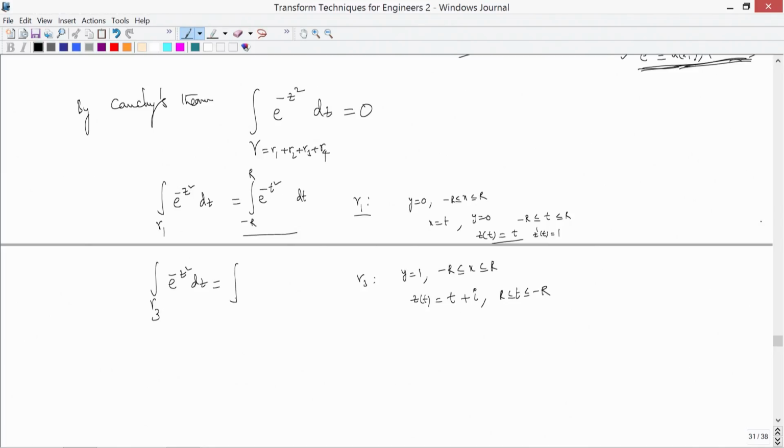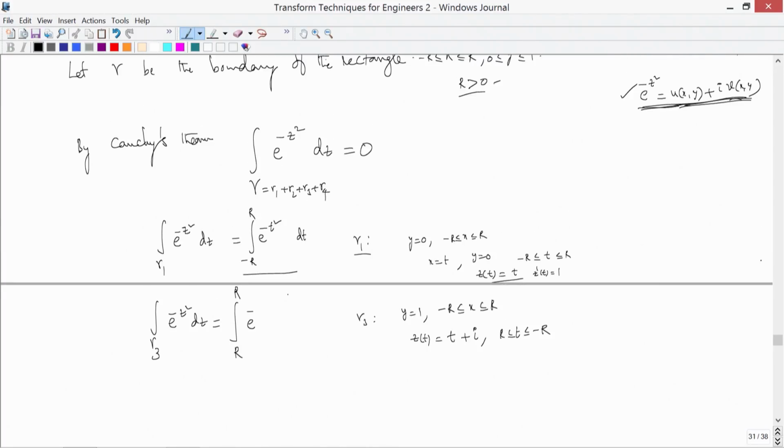Okay. So, you have r to minus r, and then e power minus what is your z square? z square is t plus I whole square, t plus I whole square. Okay. And then dt, z dash of t is 1.